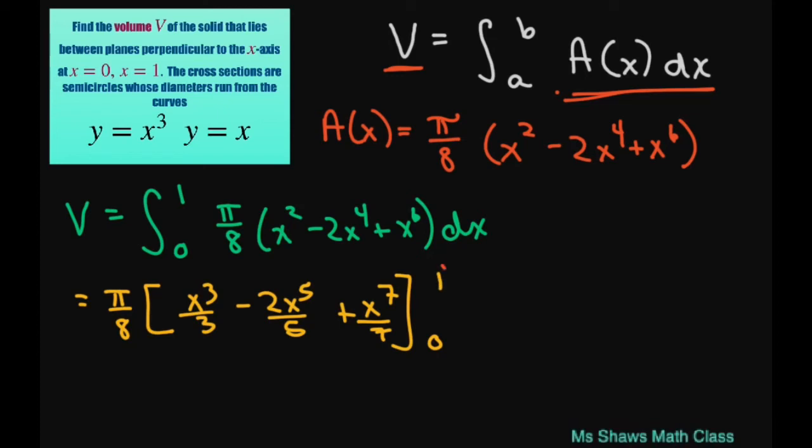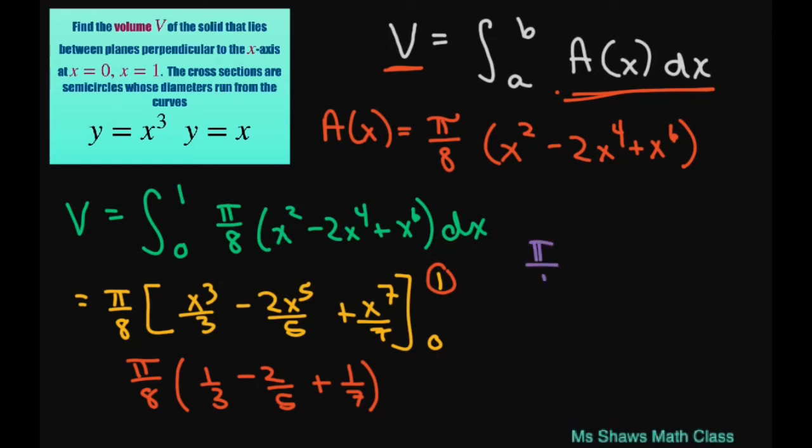Luckily, we only have to use the 1. So when you substitute in 1, you're going to get pi divided by 8 times 1/3 minus 2/5 plus 1/7.